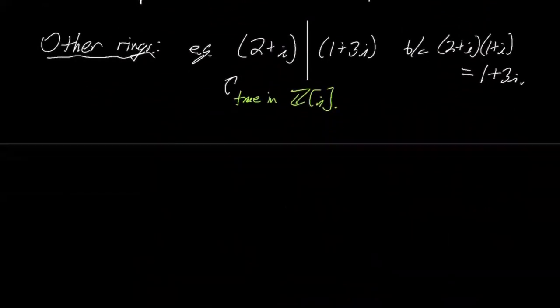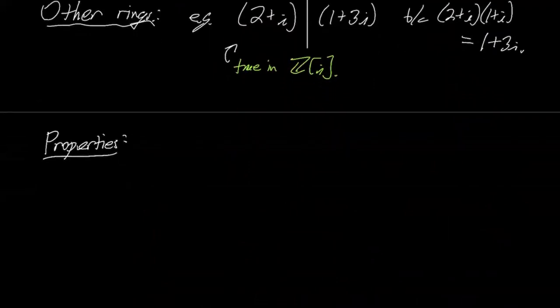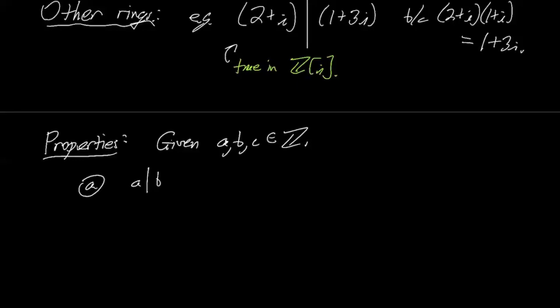There are some properties that aren't that hard to prove from axioms, even just the ring axioms. So let's say given a, b, and c integers, one property is that if a divides b and a divides c, then in fact you could say a divides b plus c, a divides b minus c.